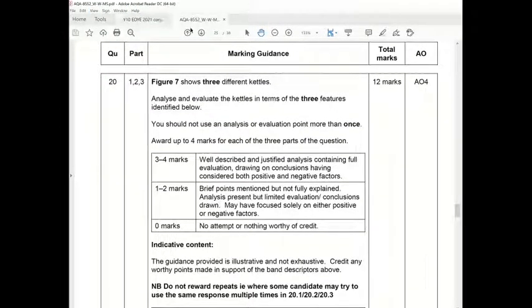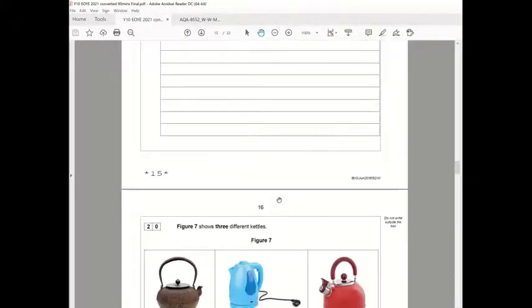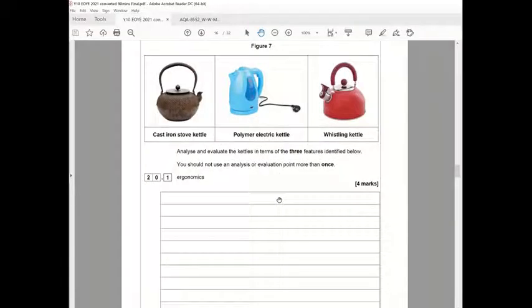Okay, three kettles. So let's go back to the questions and have a look at them. We did okay. What's that awful word it's got in there again? Analyze and evaluate. We've had a lot of analysis, but was there evaluation? We've got three different sections here, and we've got 12 points in total available.